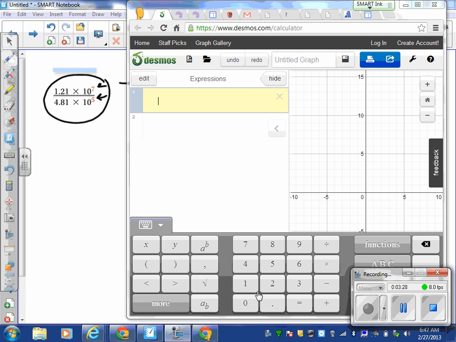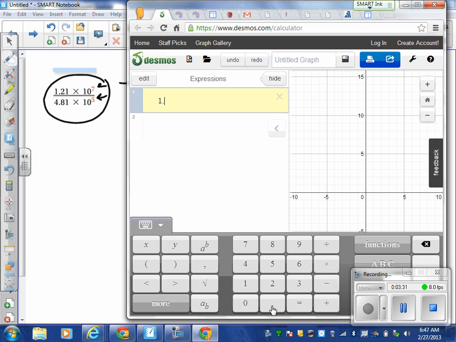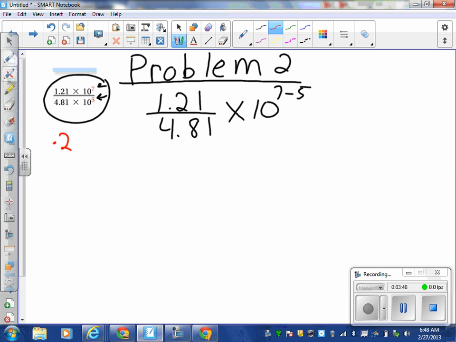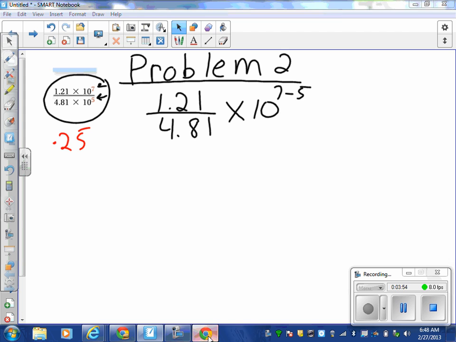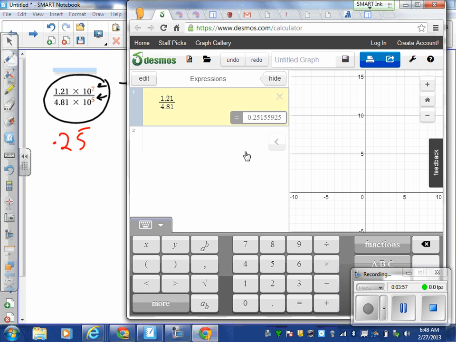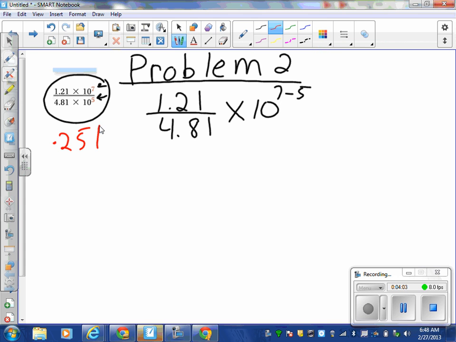In order to do that, you would take 1.21 divided by 4.81, and our answer would be 0.2515. That is what you get when you divide those two numbers.